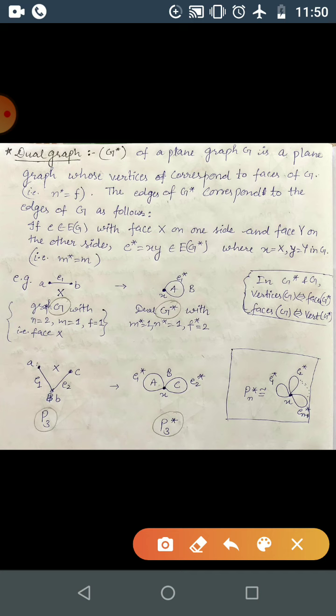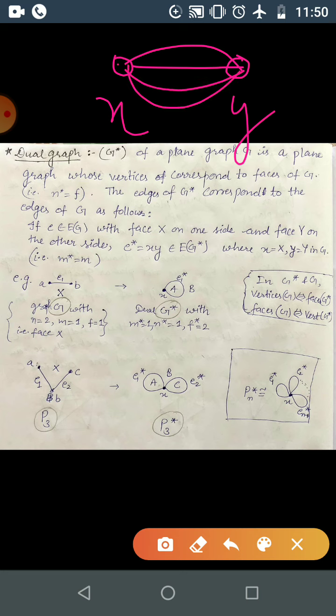Now you can come back to Cn: corresponding to 2 faces, there will be 2 vertices, and the 2 vertices are joined by n edges. Okay, and these have in between n minus 1 regions, and 1 region is outside, that is corresponding to the vertices of G. Okay, so this is the G star in case of a cycle.